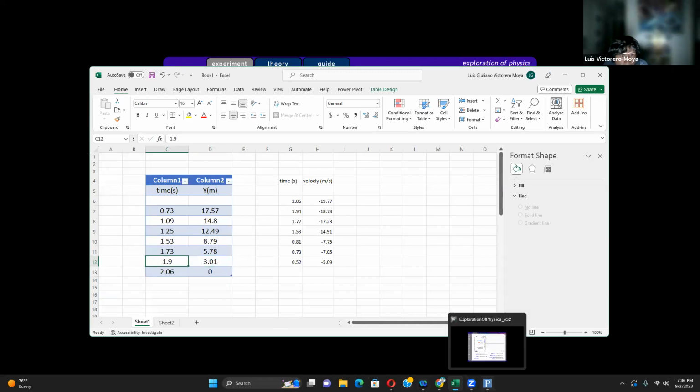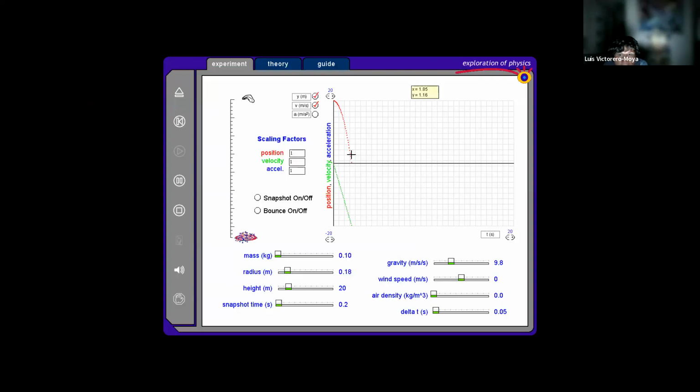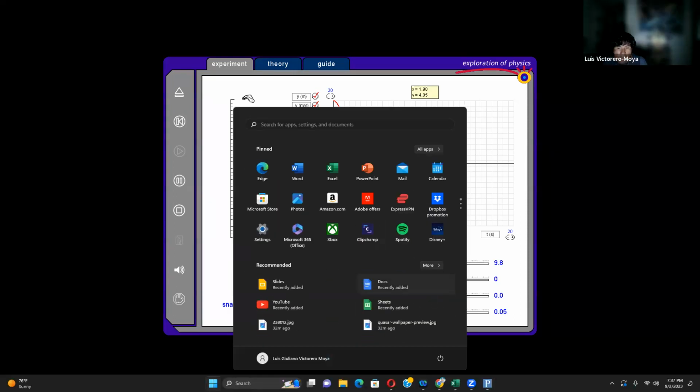Now let's take a look at 1.9. So 1.9 should be with 4.05.